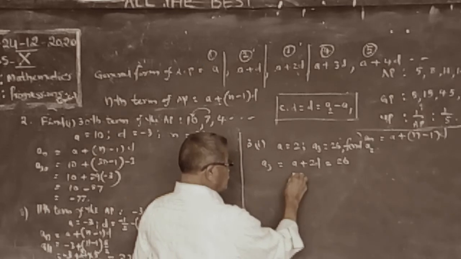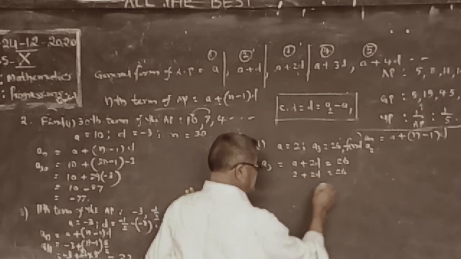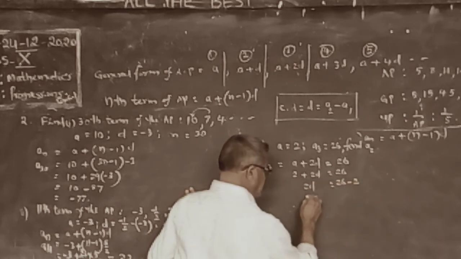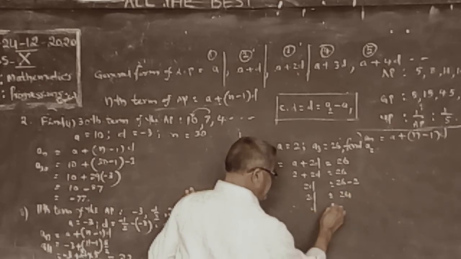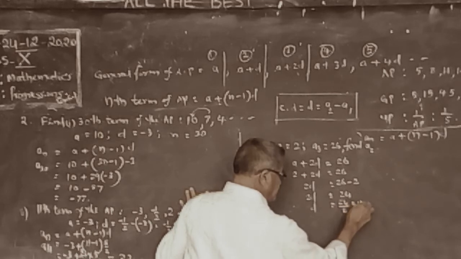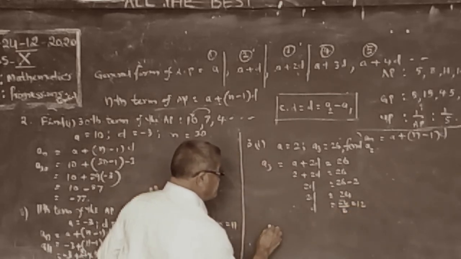A value 2 plus 2D is equal to 26. 2D is equal to 26 minus 2, 2D is equal to 24, and D is equal to 24 by 2, that is 12. He is asking the second term, A2.